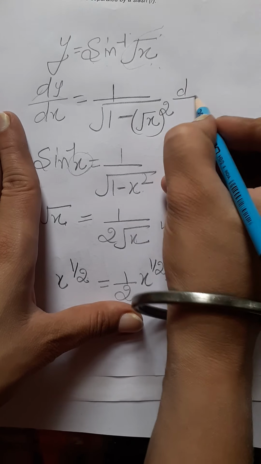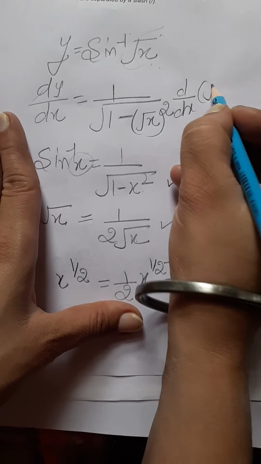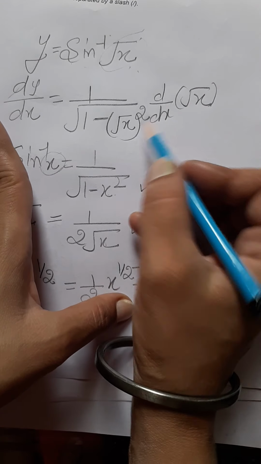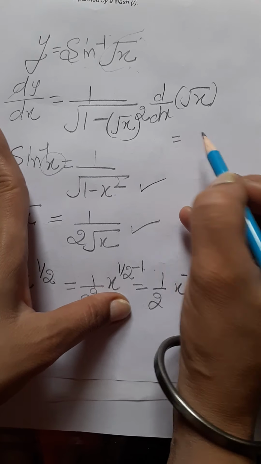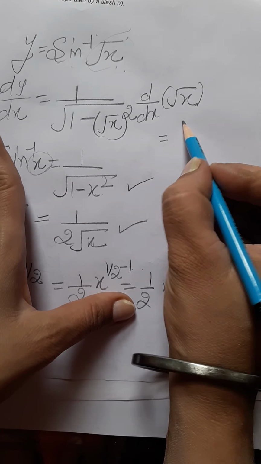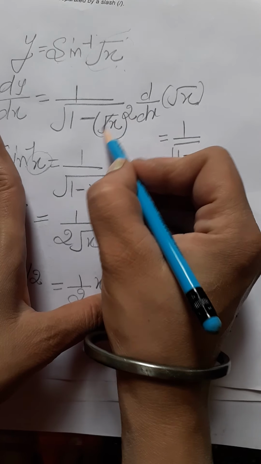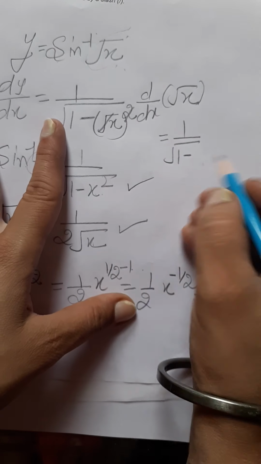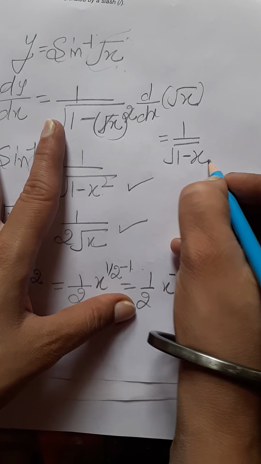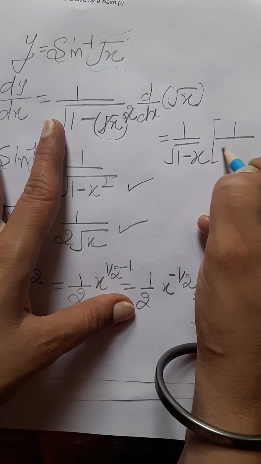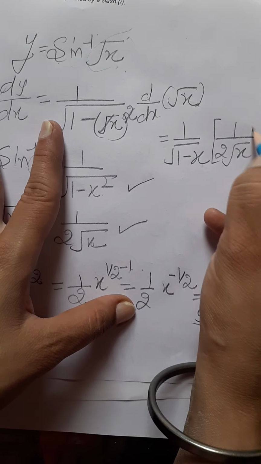After that, you take the derivative of root x as we did in our previous questions. After solving it, you get the answer 1 over root of 1 minus, cancelling square root by square, you get x only, and the derivative of root x is 1 over 2 root x.